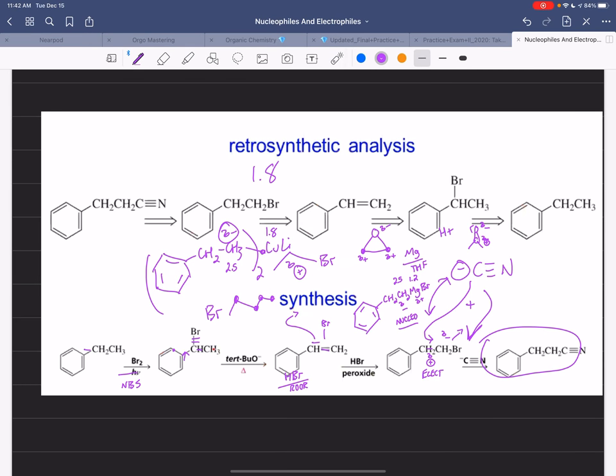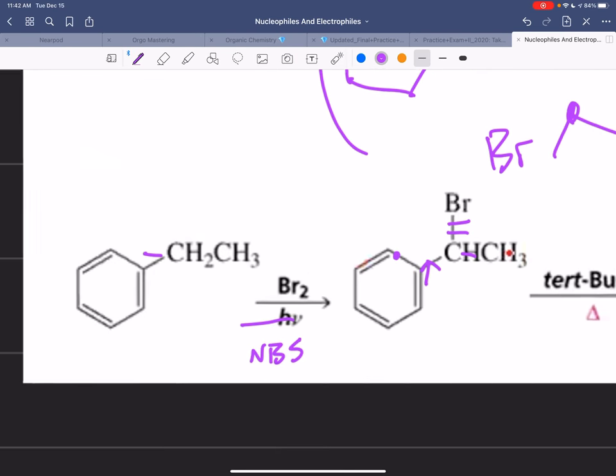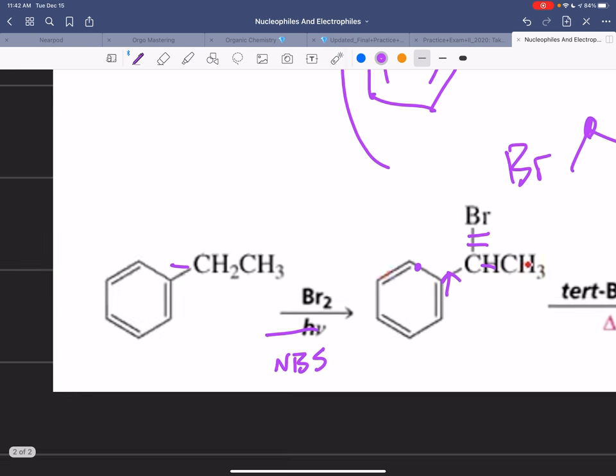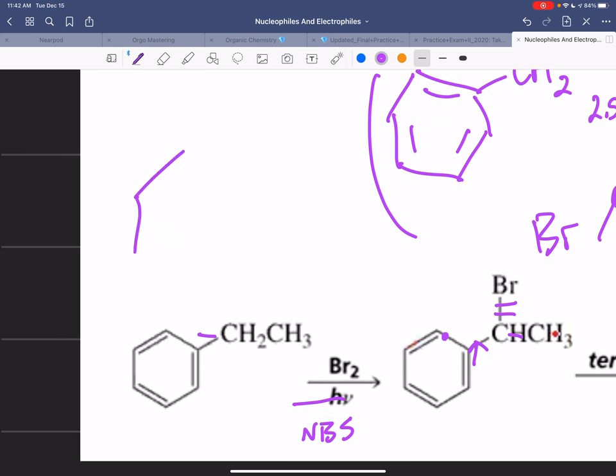So all these are different options of what you can do with synthesis here. So just to really drive it home, your initial thing that you can do here, and you could also, if this was this, I guess this would be a better example. This is an allylic carbon, this is an allylic carbon, this is an allylic carbon.